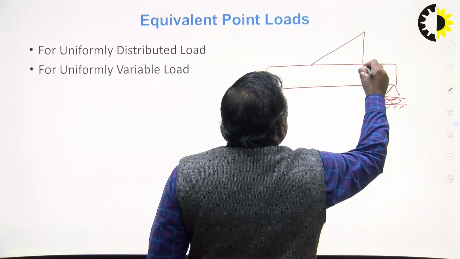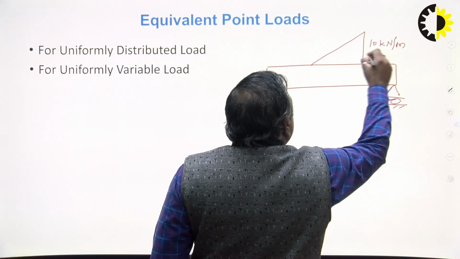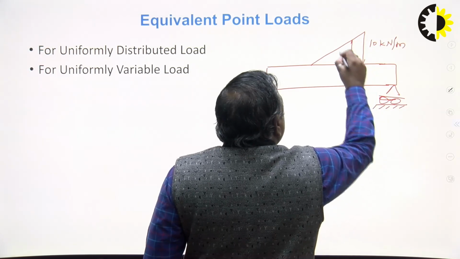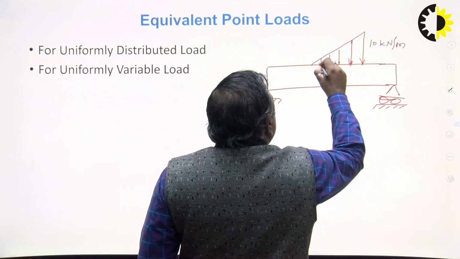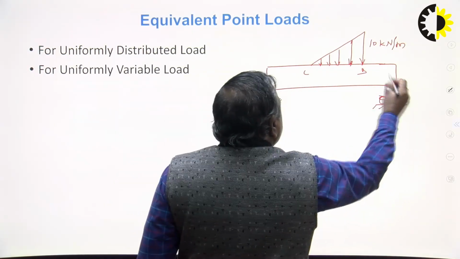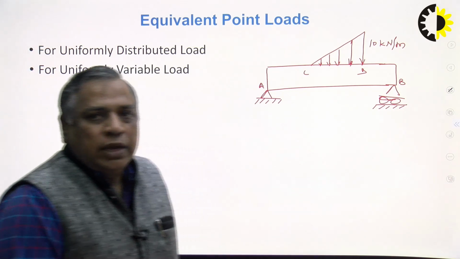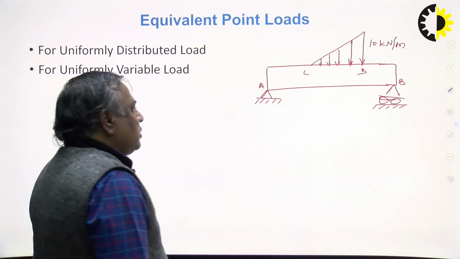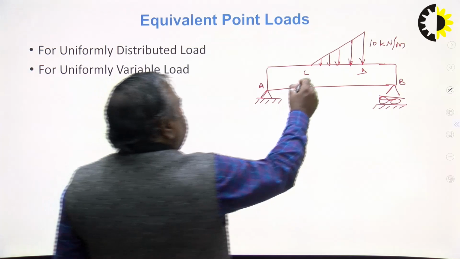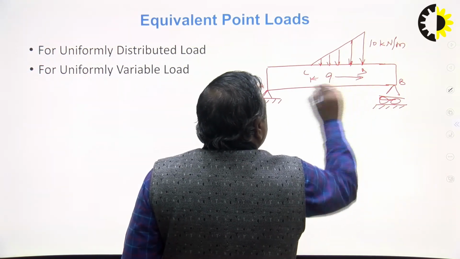Then this is 10 kilonewton per meter, uniformly variable from C to D, A, B. At point A, this is a hinge. At point B, this is a roller, and the span, I consider, is 9 meter.